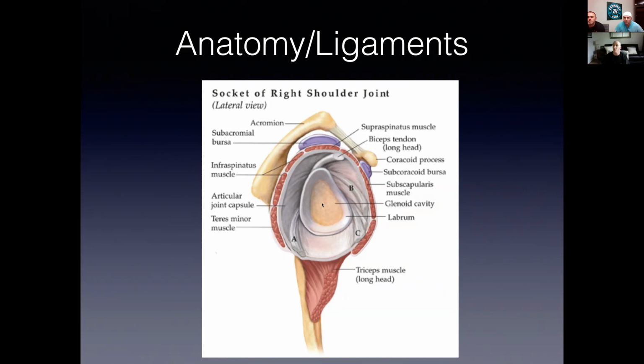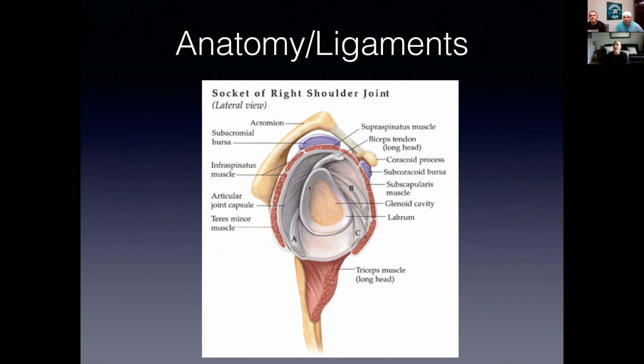That's when you start having issues and problems. Again, I can't emphasize enough that this is a combination of these ligaments, which do not contract. They are basically just there, like a hammock is. And the muscles surround it, with the exception of that inferior portion, which has the hammock holding it together.